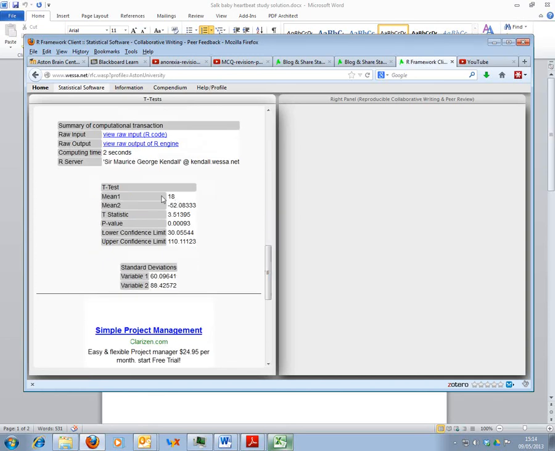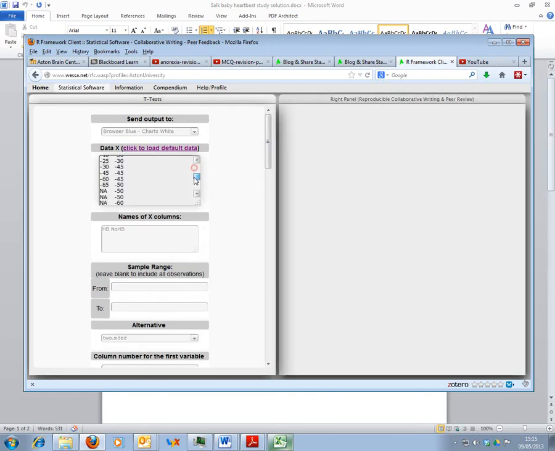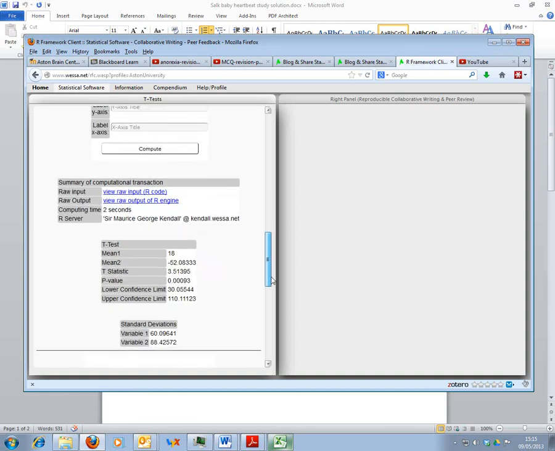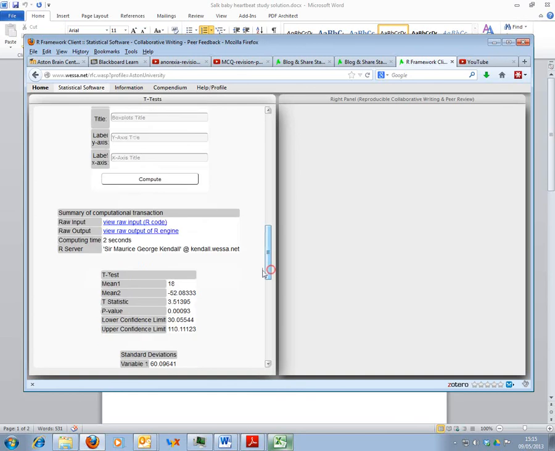Now we have the mean and so on of these data sets. And standard deviations are computed for both of these things. Okay? So it looks like one group of babies has lost weight under their weight change, wherever it's gone.